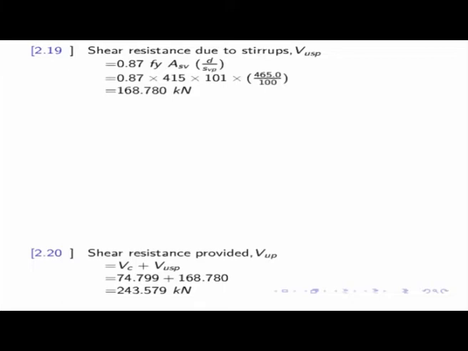So critical shear 74.799 plus this 168.78, which we are getting 243.579 kilonewton. Our applied shear is 200 kilonewton, which we have to resist.